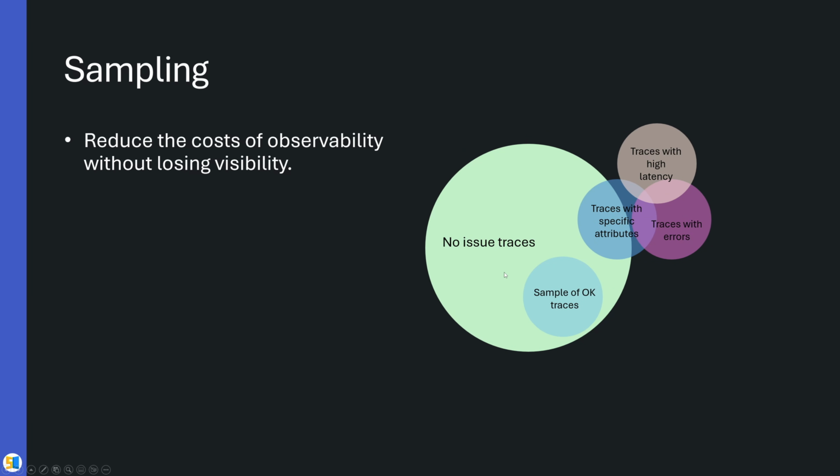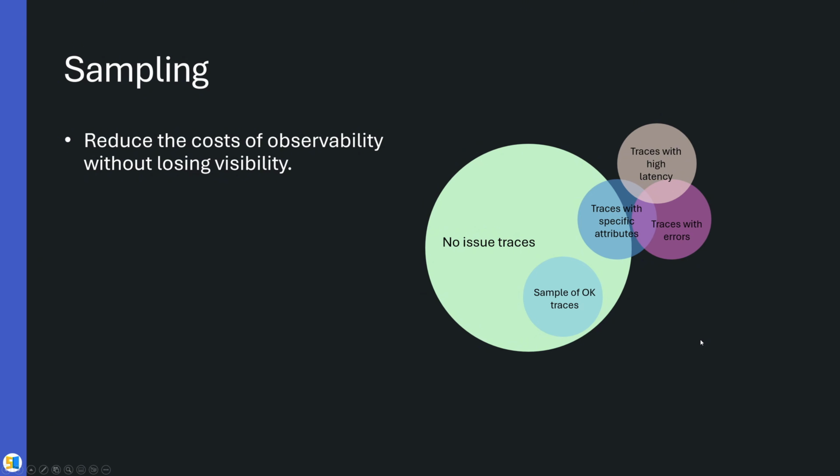So imagine that you have maybe 1,000 requests per second, and those requests have no issues. Do you really want to send all of the traces or the logs to your backends, right? If you do that, maybe the cost will be very high, right?